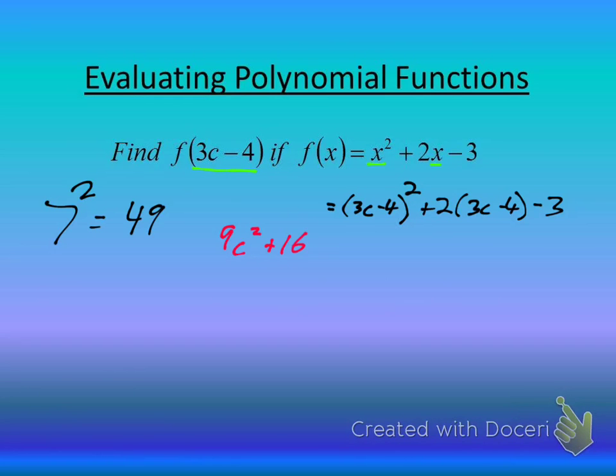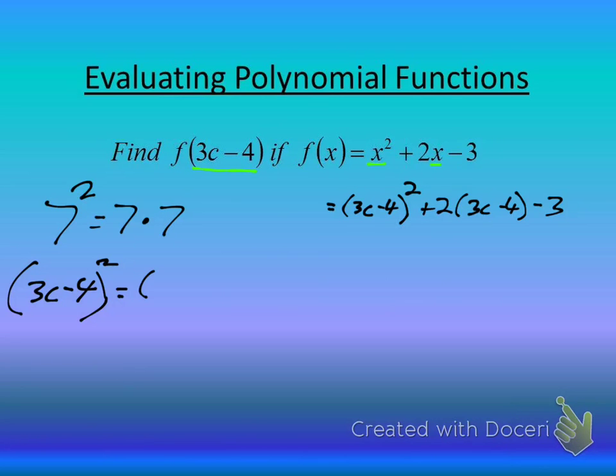No, it's positive. Negative 4 times negative 4. When you do 7 squared, what do you really do? 7 times 7. So when we do 3c minus 4 squared, what should we do?